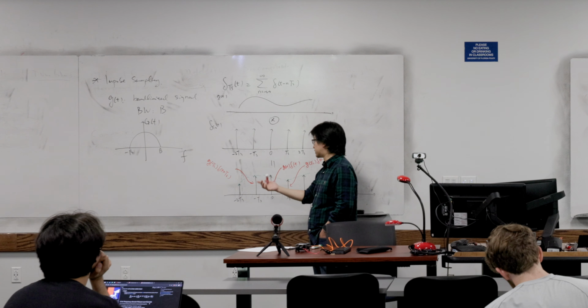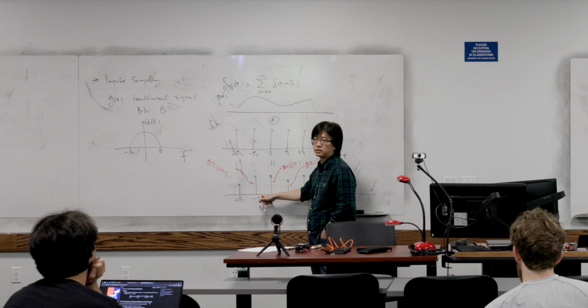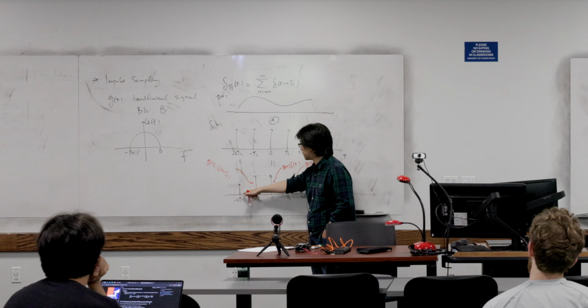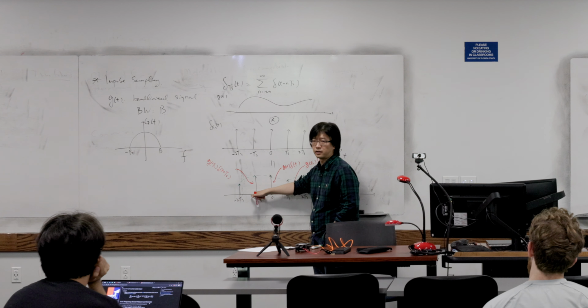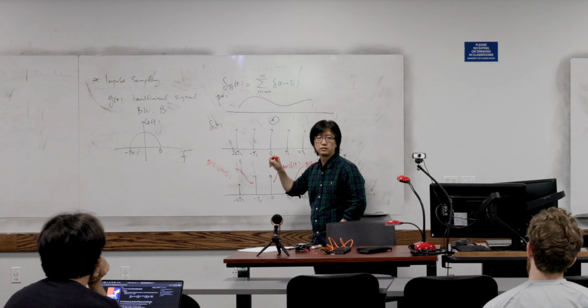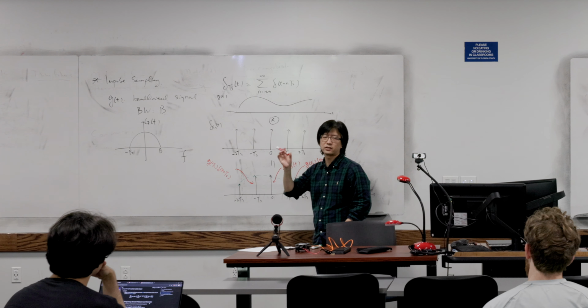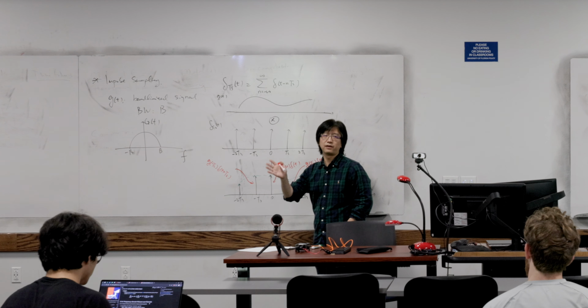Here, even if Ts is 1, it's still not a discrete time signal because all those values are 0. It's defined, but a discrete time signal is only defined at the integers. It's kind of fake.